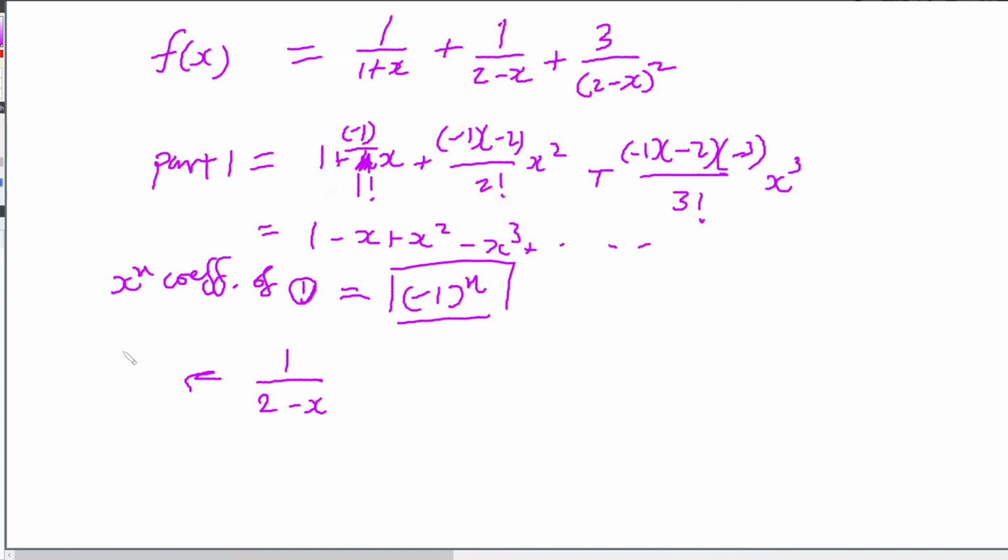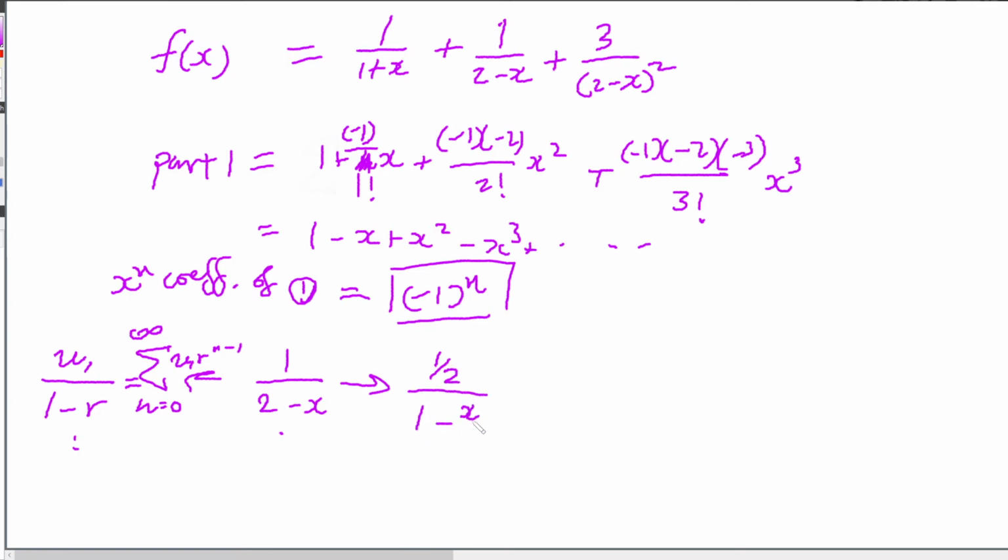Essentially, because we have the geometric series formula u1 over 1 minus r is equal to the infinite sum of u1 r to the n minus 1 from n equals 0 to infinity. This kind of looks like this, so we could express this in a form that does look like this. So dividing both the numerator and the denominator by 2, we get u1 is equal to 1 over 2, and x over 2 is the common ratio.